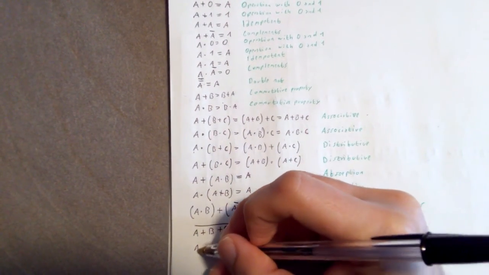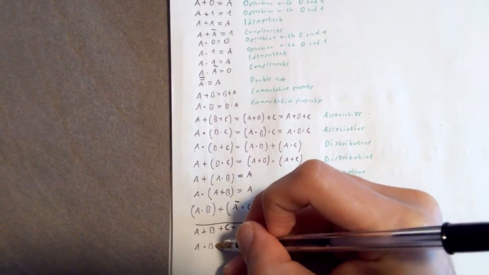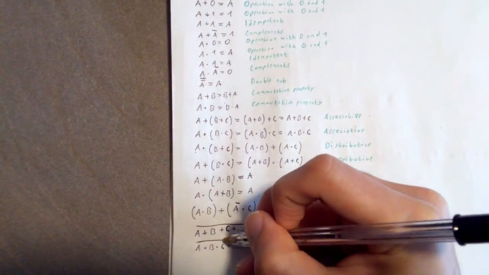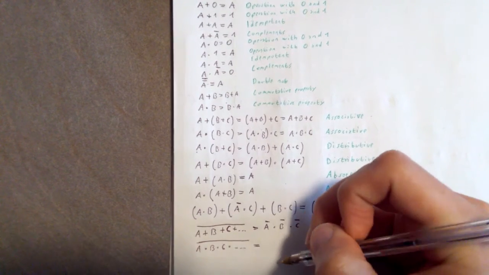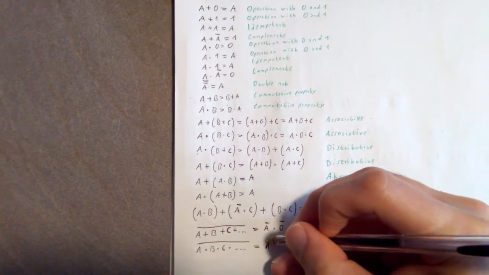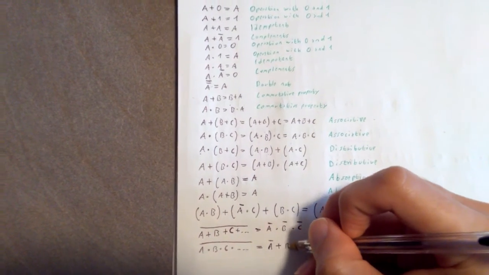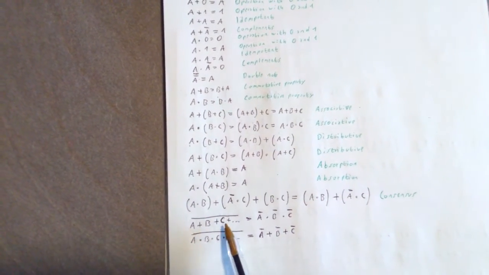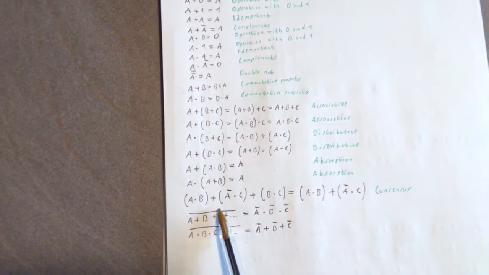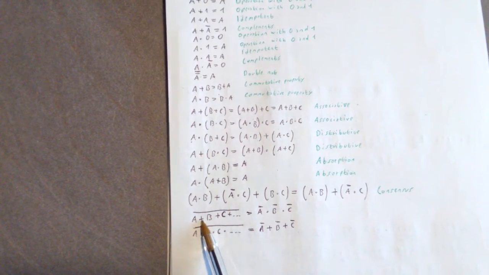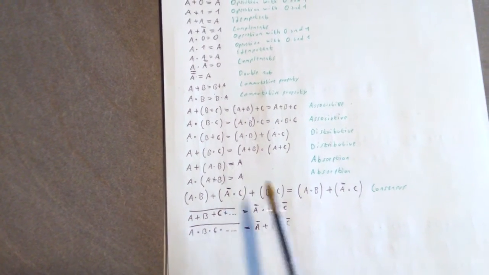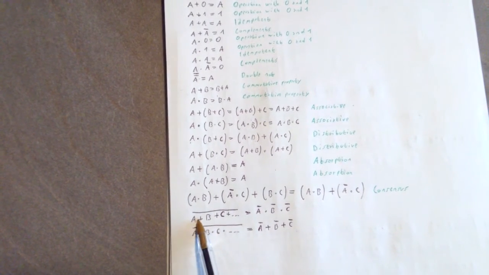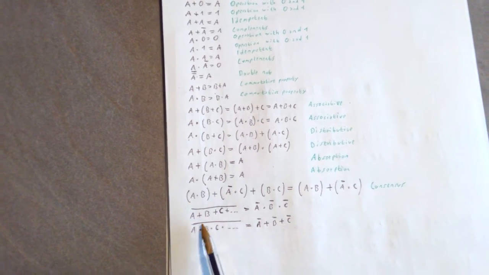And again, if you have A times B times C times something, all with a naught, you can say that this is equal to A naught plus B naught plus C naught.